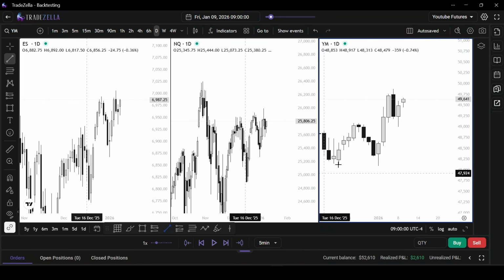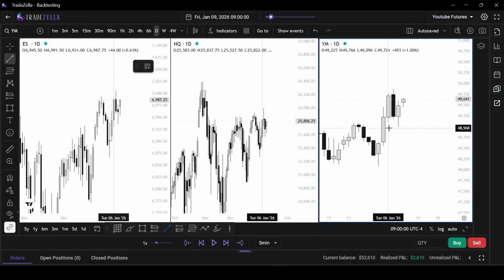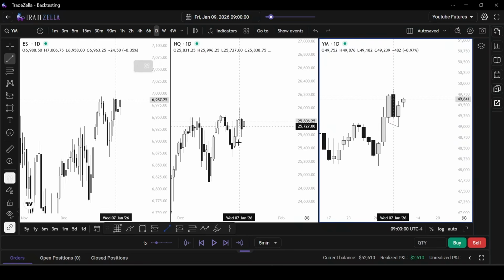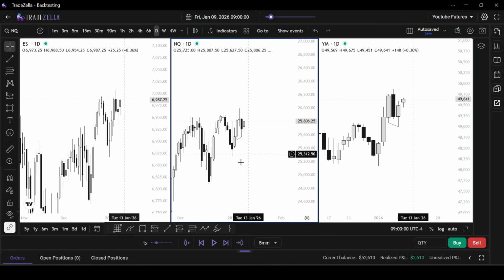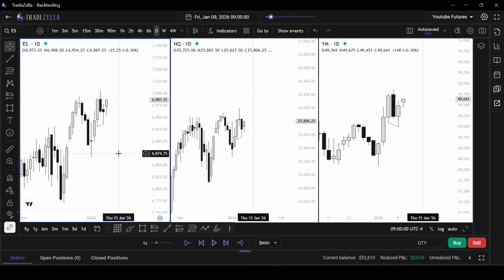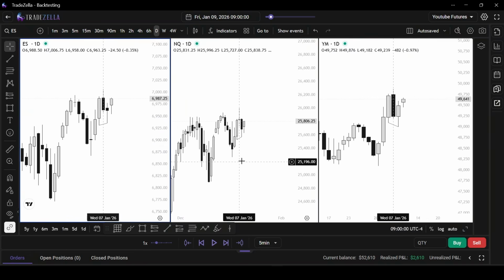I can see a reaction from this fair value gap. Present an SMT, right? So I'll be targeting what? This high.